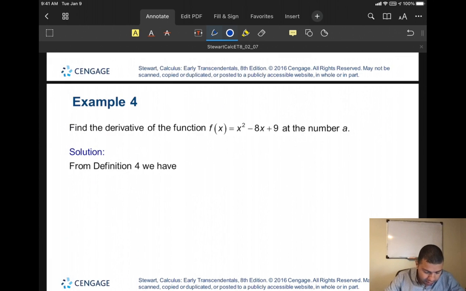Here's the example. I'll do this one. Find the derivative of the function f of x equals x squared minus 8x plus 9 at the number a. I'm not doing very well today, so it's a good idea if you want to double check my math.